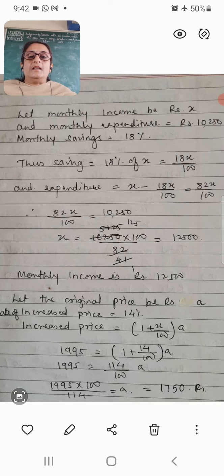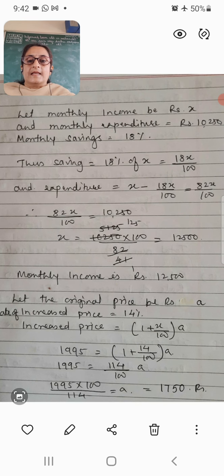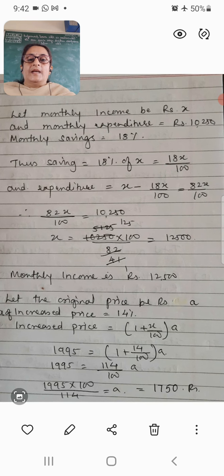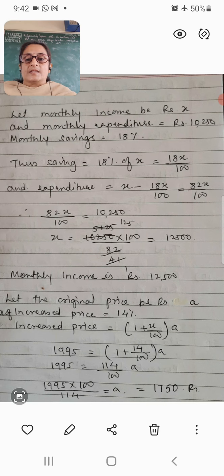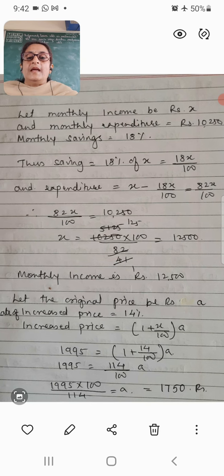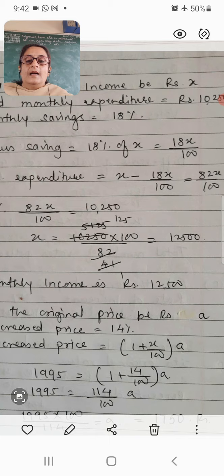So we'll consider her monthly salary as X and the monthly expenditure is given, that is 10,250, and the remaining money she saves, that is 18%. So she is saving 18% of the total salary, that is 18% of X. How are you going to find it? 18 upon 100 into X, that gives you 18X upon 100.